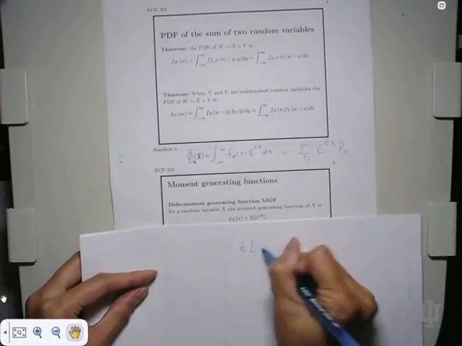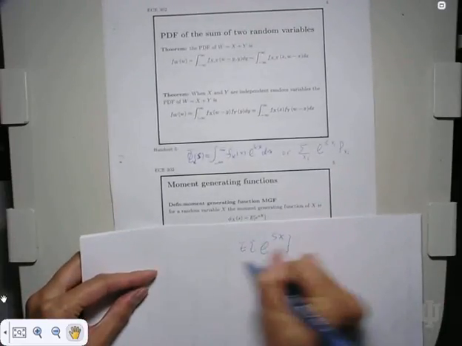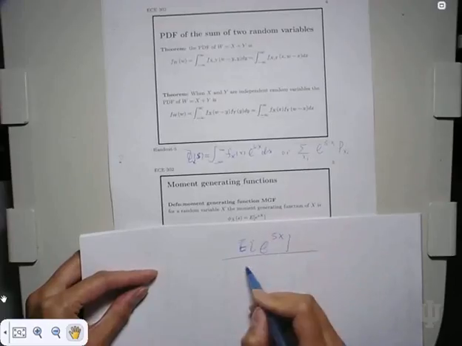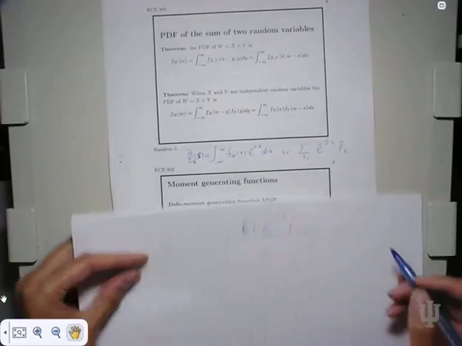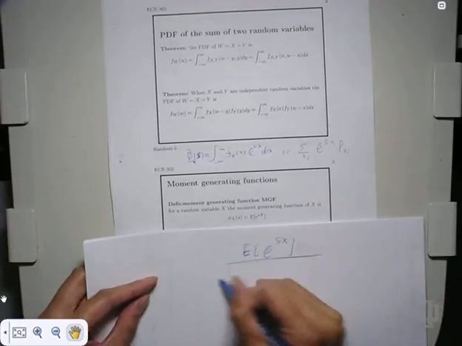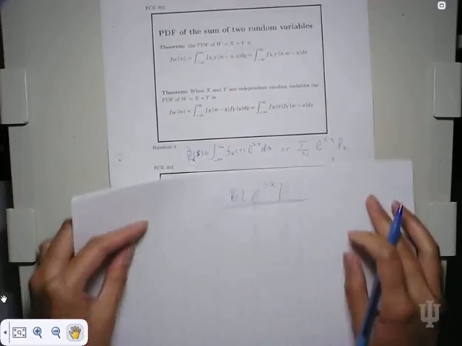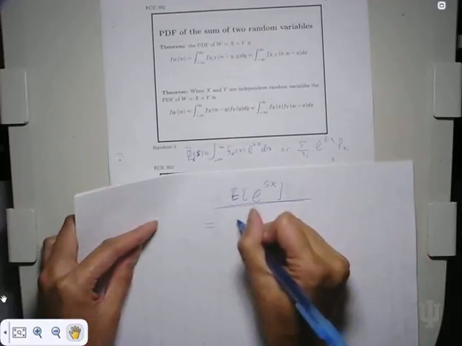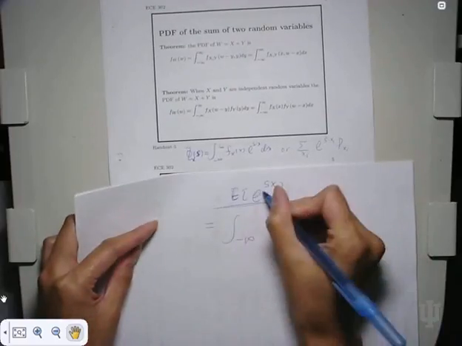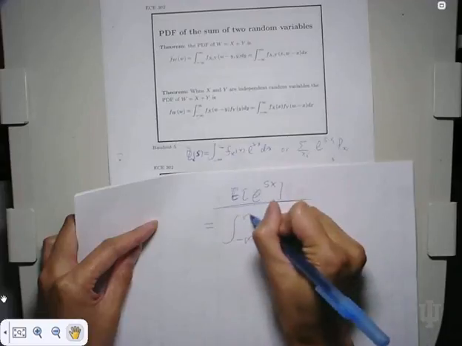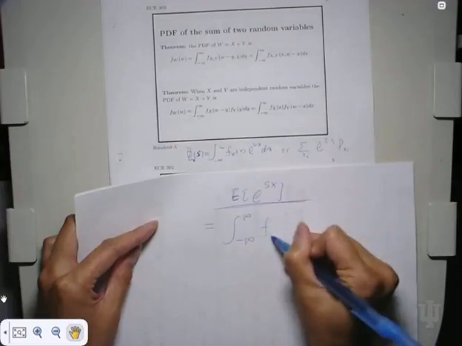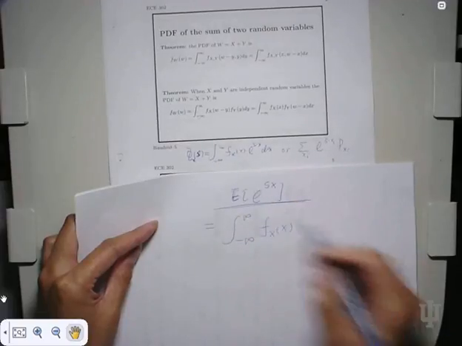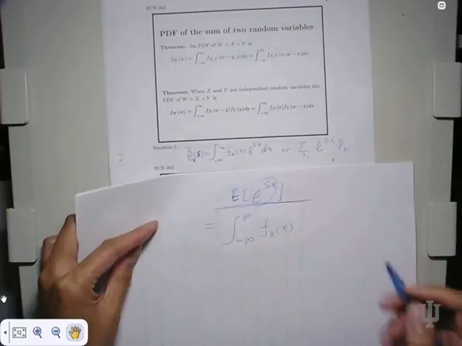It's the expected value of e to sx that is your moment generating function. If I write it out, you will know what that is. Because I'm doing expectation, for expectation think about those as a function.